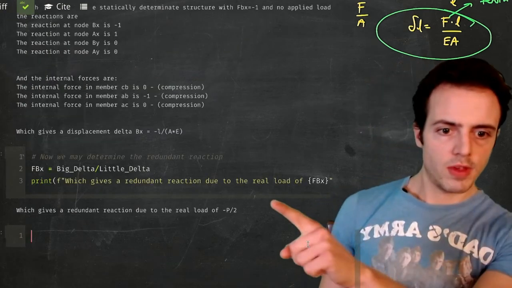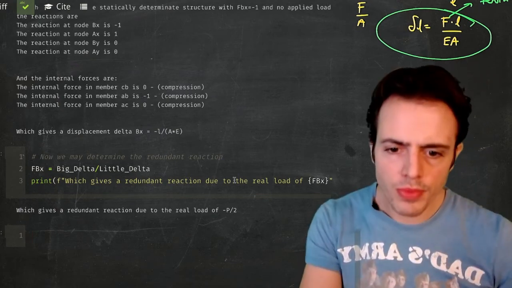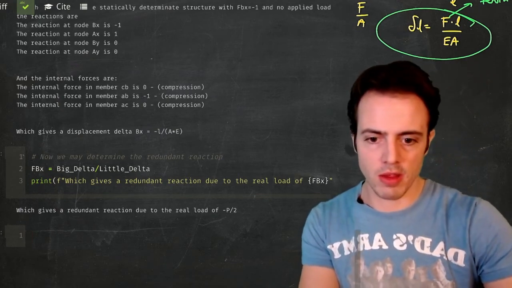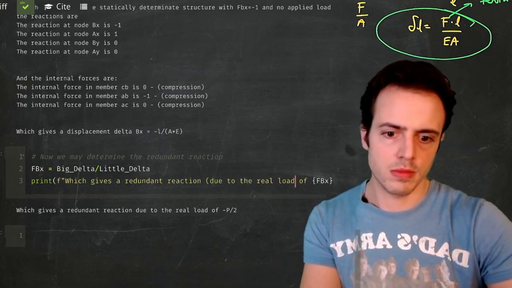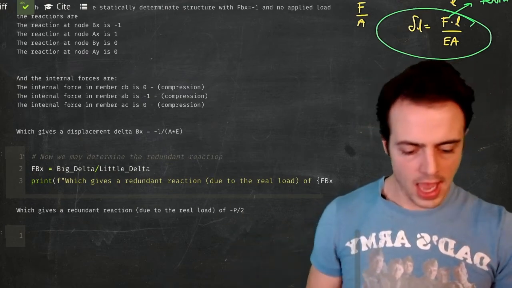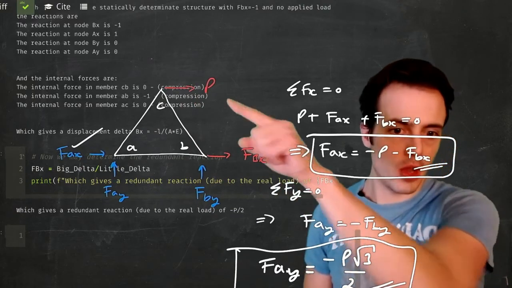Okay, gives us a redundant reaction due to the real load of P on 2. That's fine, I just don't like the syntax of that, but it gives a redundant reaction. Okay, so that now tells me what the actual value of Fbx under load P is.